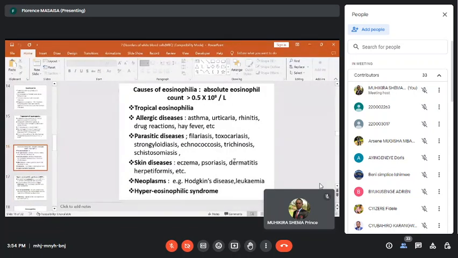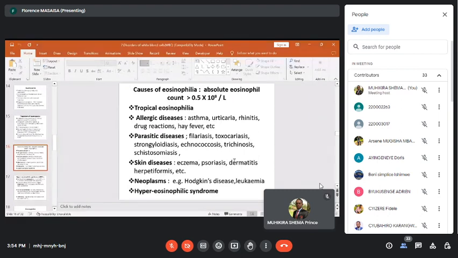Let's go to eosinophilia now. It's a count above 0.5 times 10 to the 9. We have tropical eosinophilia, and eosinophilia is mostly seen in allergic diseases. We see it in asthma, urticaria, in case of parasitic infection, skin diseases, in neoplasms like Hodgkin disease, in leukemia.